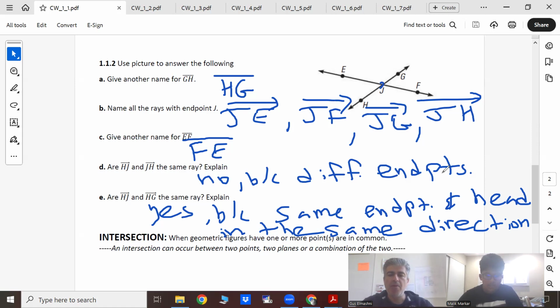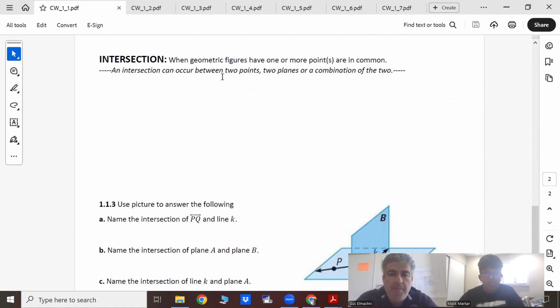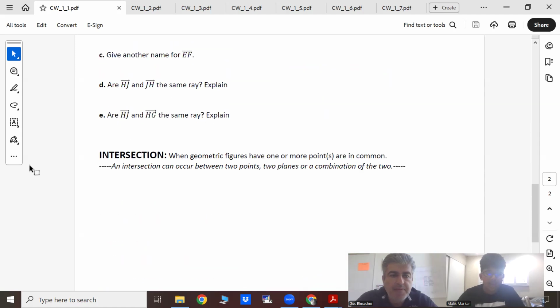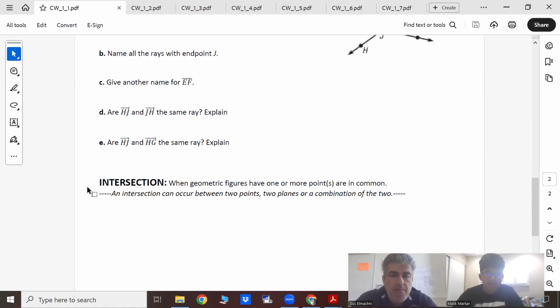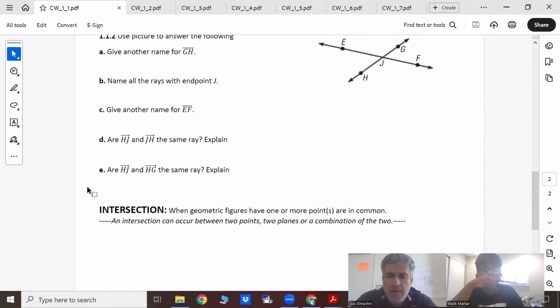Okay, so questions so far? No. Okay. Intersections are when you have points in common. So on the last problem with that other one, the intersection would be J for E. Yeah, for these lines here, would the intersection be J?